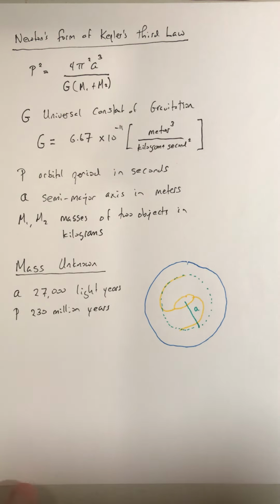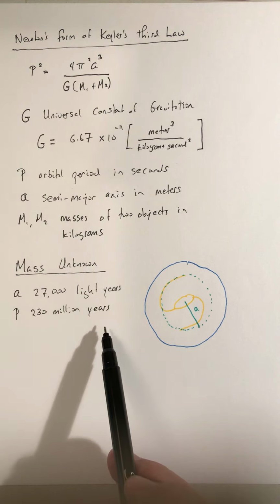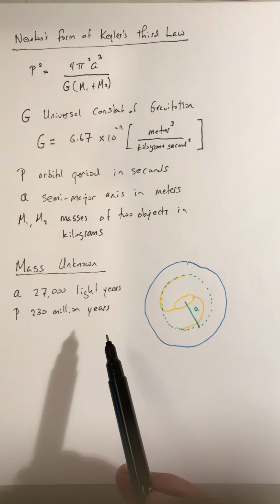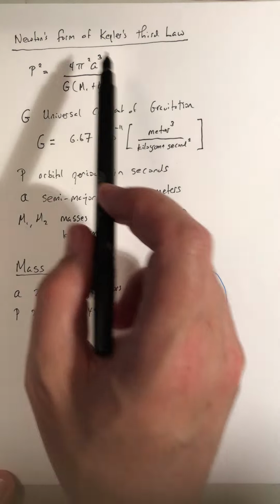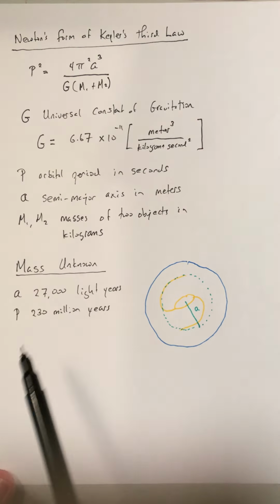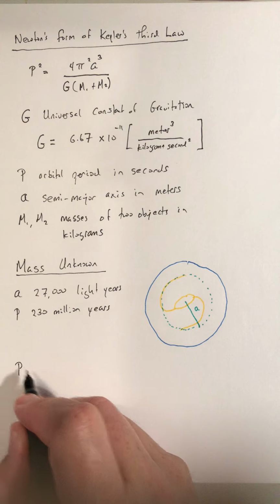All right, so semi-major axis is in light years, but it's not in meters, so we have to convert it. The period is in years, and that's not seconds, so we have to convert that. So before we can apply Newton's form of Kepler's third law, we have to convert both of those. So we go and do that.